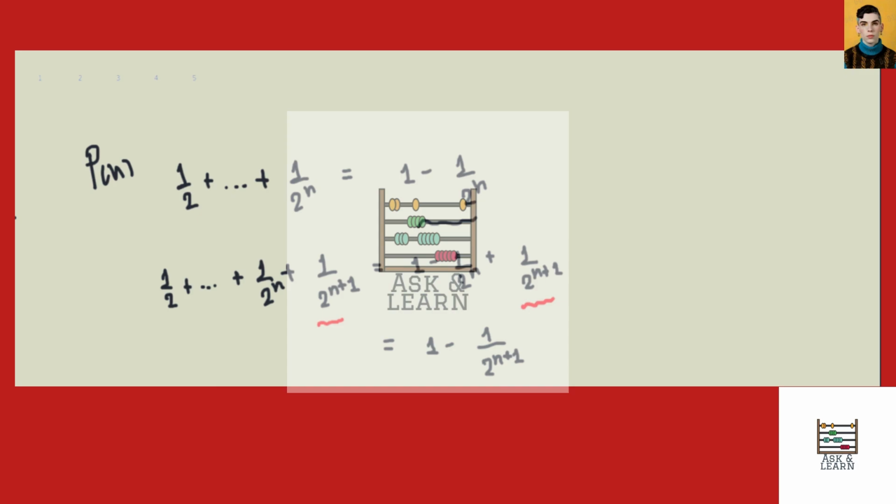And on the right-hand side, these two terms combine to give us 1 minus 1 over 2 to the n plus 1. Right? It is straightforward. And so this is in fact the statement at n plus 1.